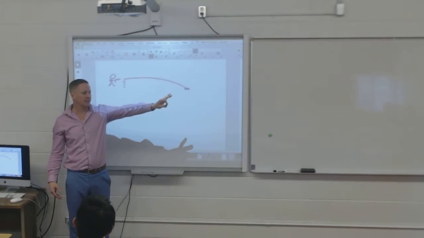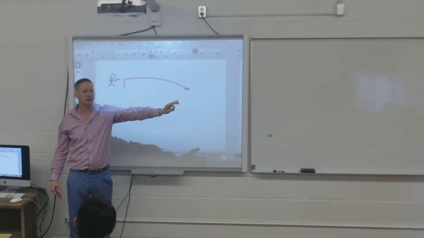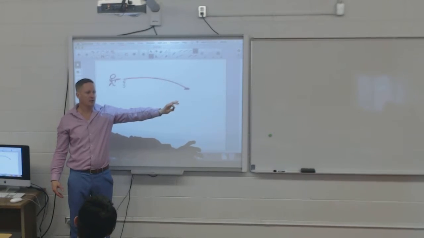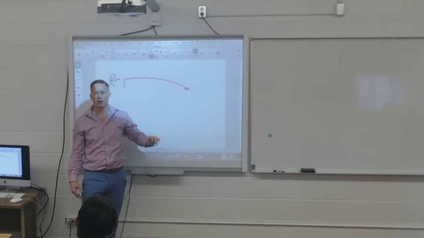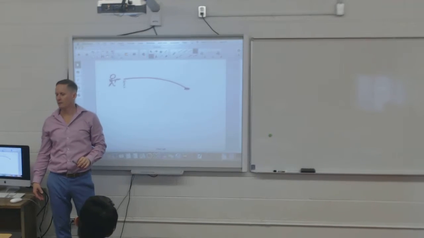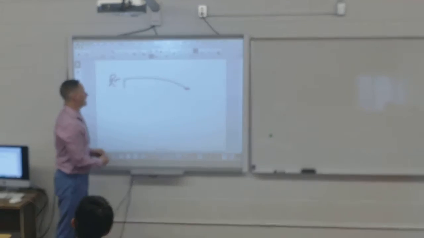So if I drop this from this height, or I was able to throw it perfectly horizontal as hard as I wanted, doesn't matter how hard, it would take the same amount of time to drop and hit the ground. So what does that mean for us?